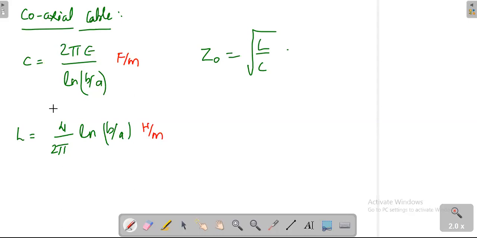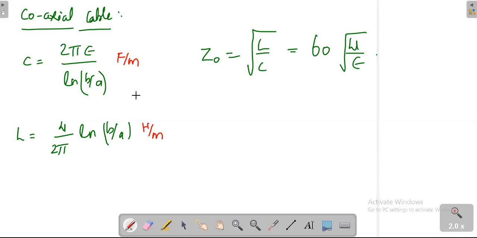Once you substitute L and C values, finally you will get mu divided by epsilon. Yes, sir. What is the answer you are getting? Is it correct? Z0 is equal to square root of L by C. I think somewhere the mistake is there.